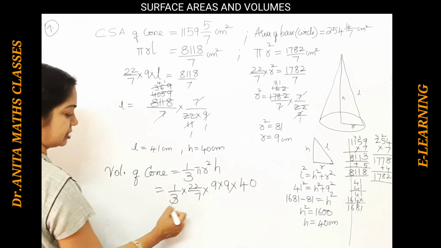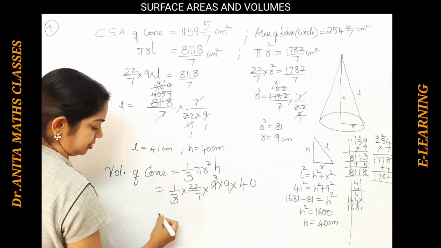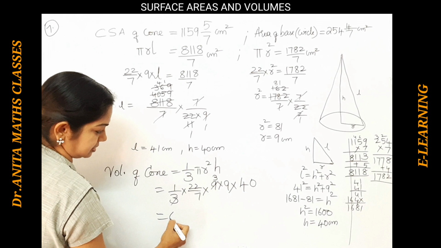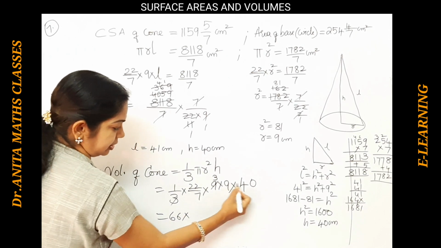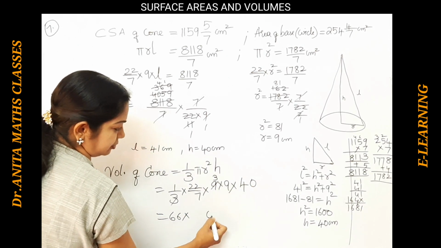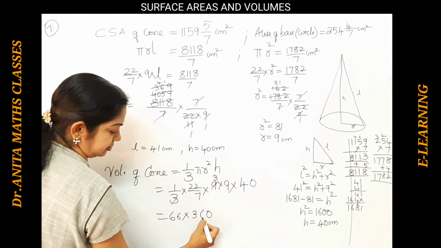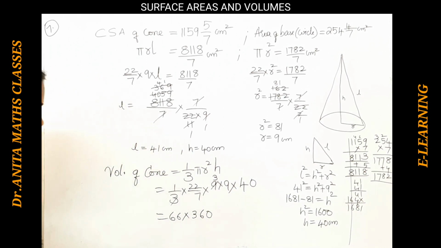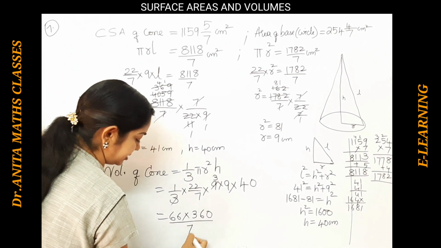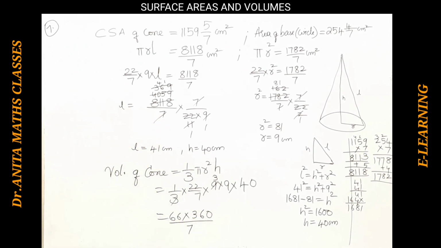Here cancellations, the 3s cancel. So this comes to 66 into, multiplying 40 into 9, 360, divided by 7. So do this simplification.